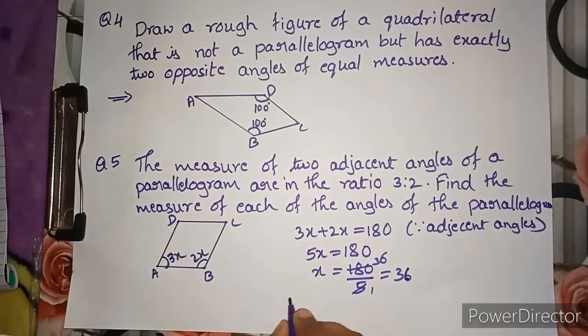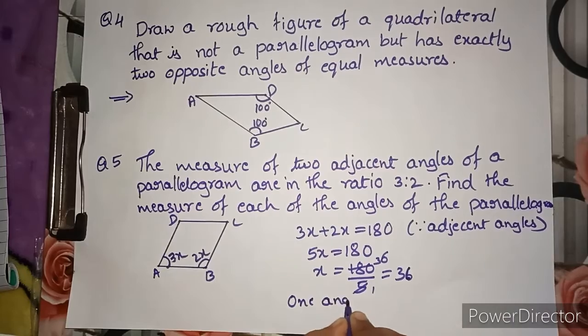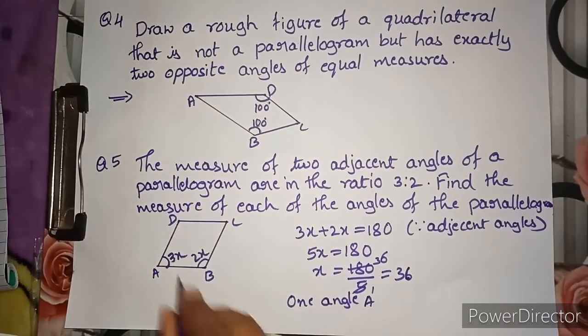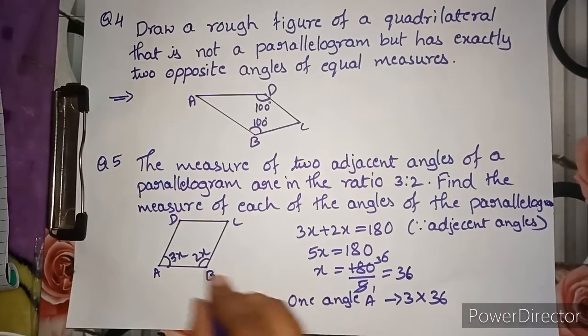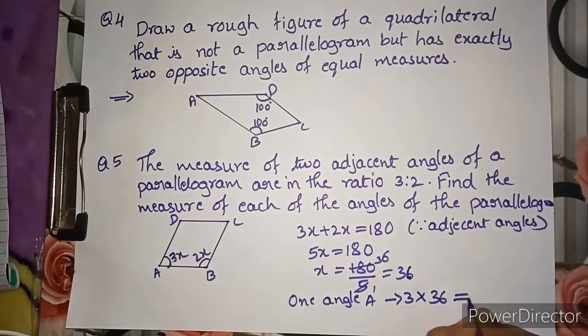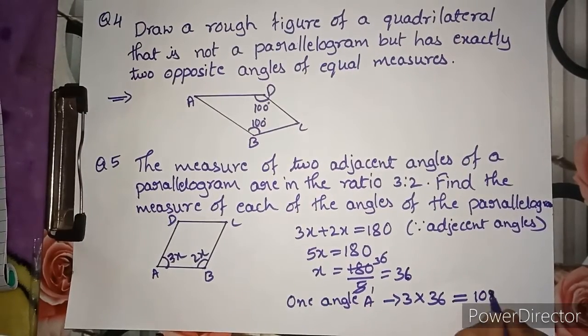So we have to find out one angle, angle A becomes 3x, which is 3 into 36, which is 108 degrees.